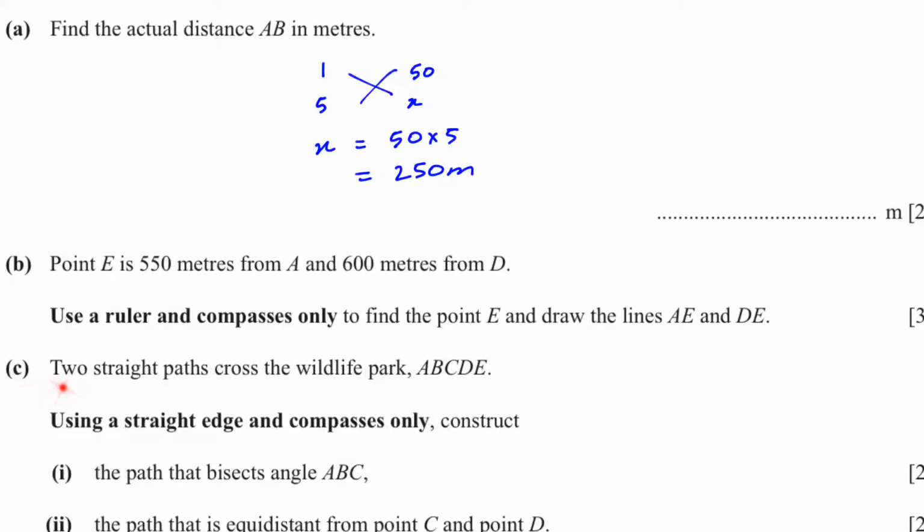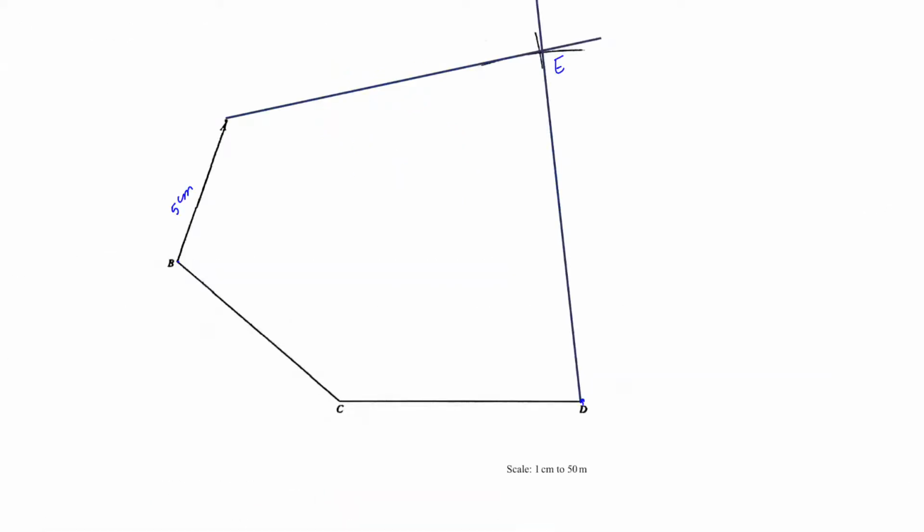Part C. Two straight paths cross the wildlife park ABCDE. Using a straight edge and compasses only, construct the path that bisects angle ABC. So we have to construct an angle bisector. To do that, let's say this is your A, B, and C. Make an arc from point B here, and with the same length of the compass, make it here.